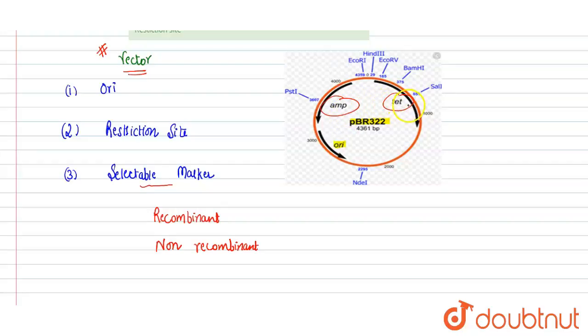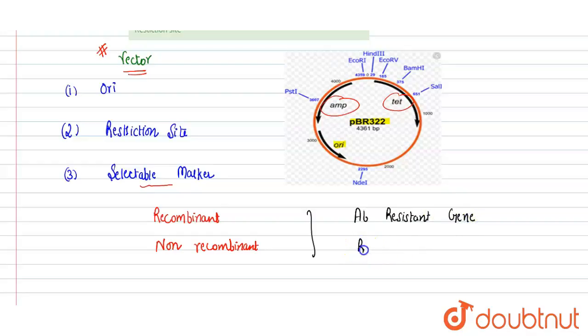Based on that we can detect, and there are different selectable markers. Generally these are antibiotic resistance genes, which is one of the methods to detect the recombinant from the non-recombinant. Second is blue-white screening.